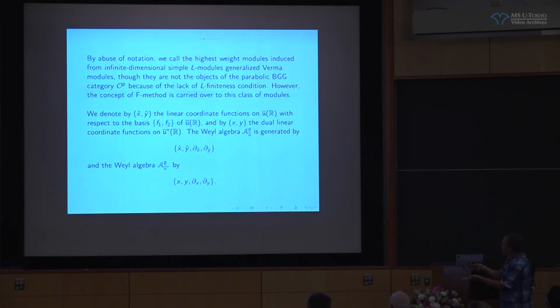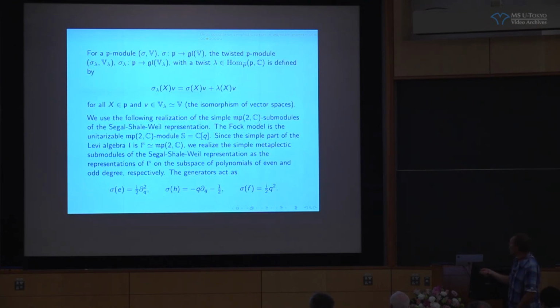So with respect to the root spaces in the opposite nilradical, we have to introduce two coordinates, say x and y, and the dual coordinates on u bar star, again denoted by x, y, and the corresponding differentiations in the coordinate directions, while on the u bar they are denoted by x hat, y hat, and the corresponding differentiations in coordinate directions.